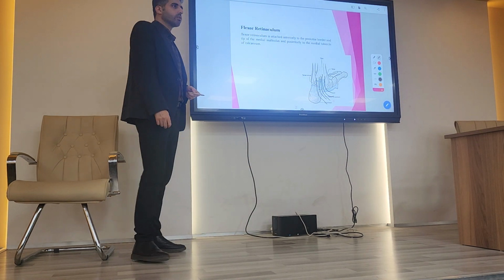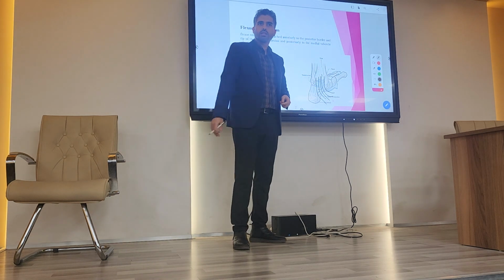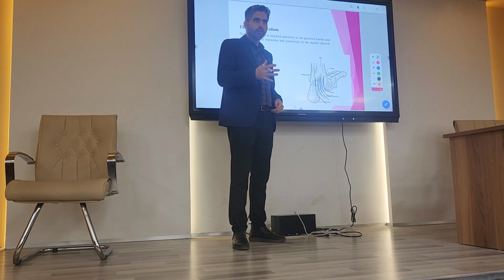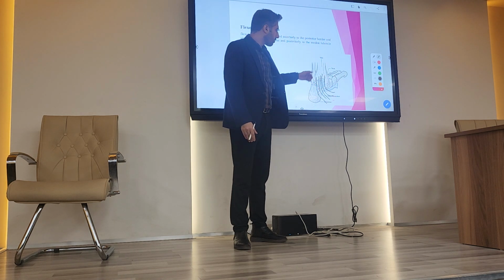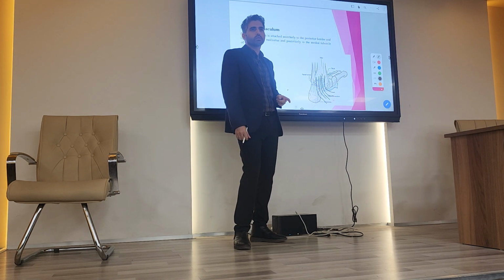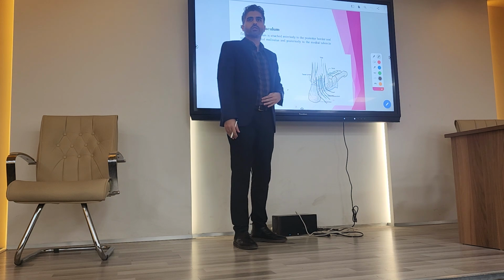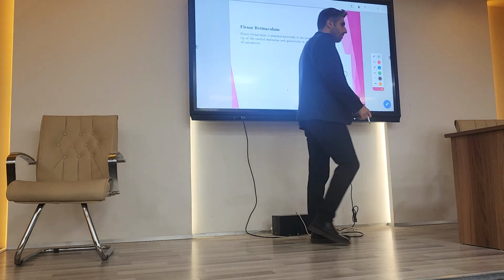So there was one question today. What is the most lateral structure inside of the tarsal tunnel? Lateral is flexor hallucis longus. Medial is tibialis posterior. And you should know the order.